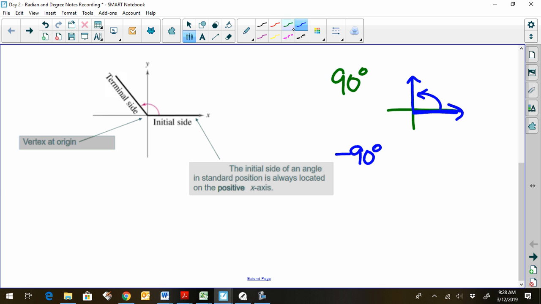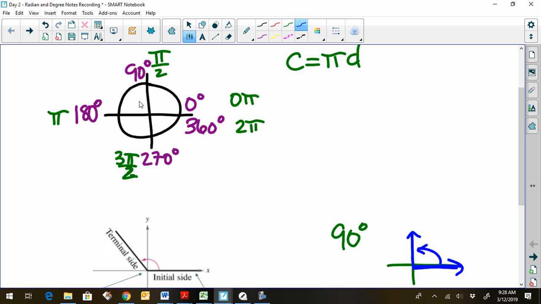So for a negative 90-degree angle, we have our coordinate plane. We start with our initial side at the same place, but instead of going up, we're going to head down. Just like how on our number line we have positives and negatives, we could have this circle in the positive direction, but we also could have it in the negative direction. So something to think about.